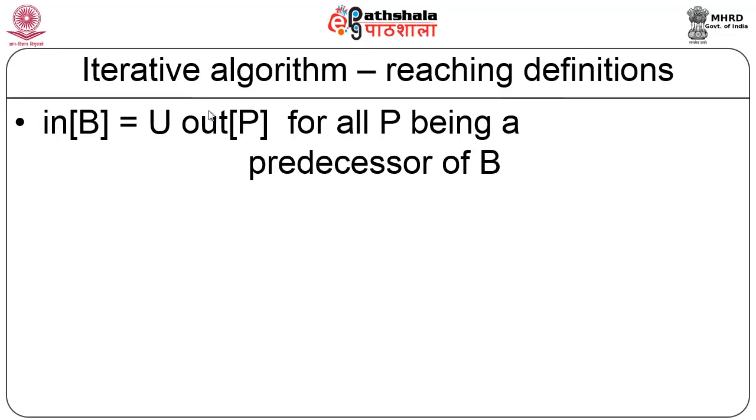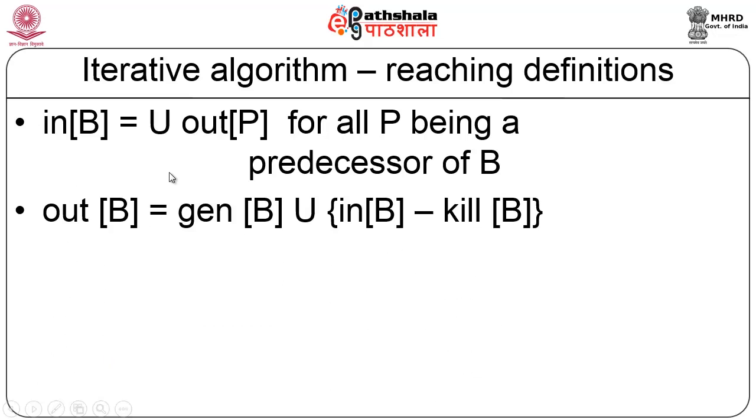So, in of B2 is computed as union of out of P, P in the sense P is a predecessor block here, which in our example is block B1. But why am I looking at all predecessor blocks? Multiple blocks could come into a single block. So, I have to compute the union of all the outs to compute the in of the current block. So, that is the definition which is going to be used in this particular module.